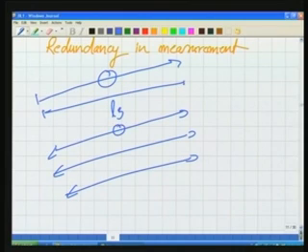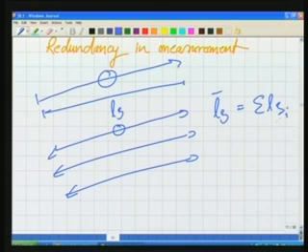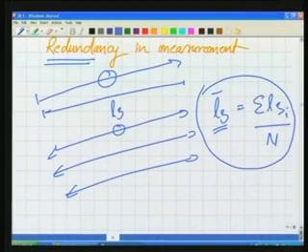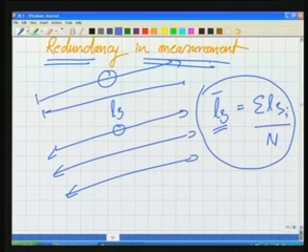The other measurements are redundant, but they ensure that your final value, which you will get as the average, sigma L3i divided by the number of measurements you have done, is more accurate. You are more confident about your value than taking a single measurement. So we should always keep in mind that we should have redundancy in our measurements whenever we are doing surveying, whenever we are doing any measurement.